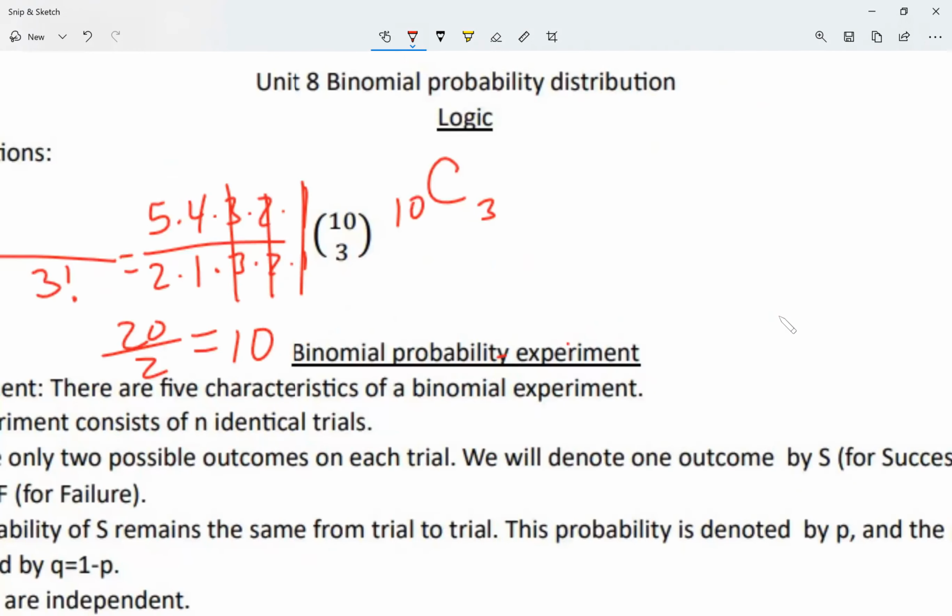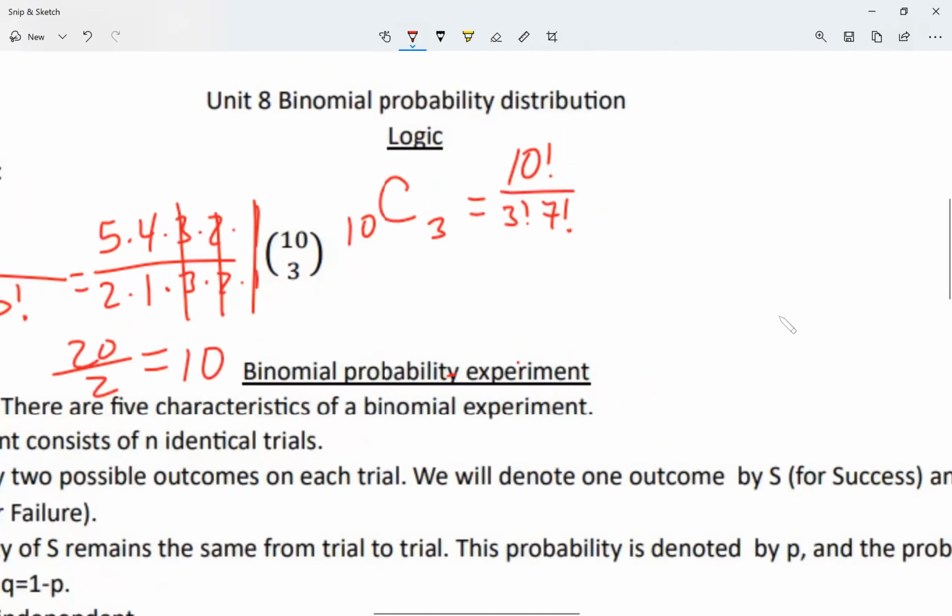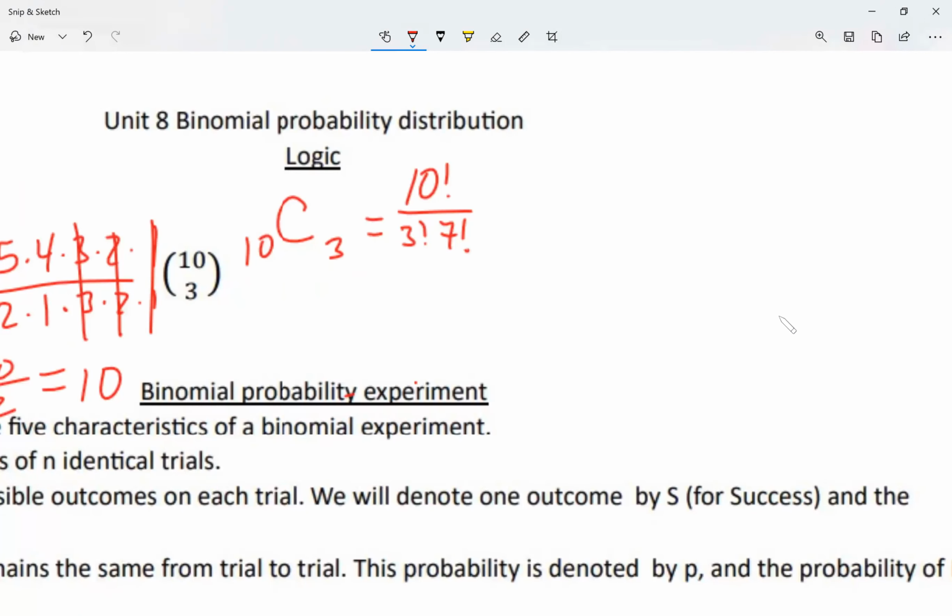I remember I have to do this as 10 factorial over 3 factorial. But then at the bottom, I also have 7 factorial, right? 10 minus 3. Now, this case is not going to be that much. I'm going to show you guys a little shortcut in a minute.